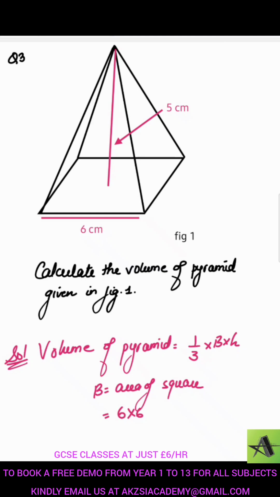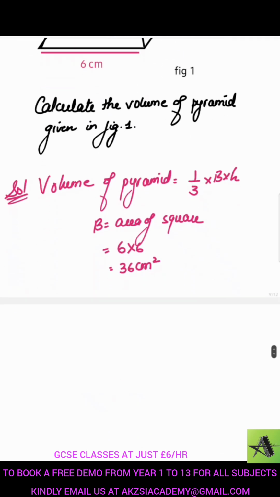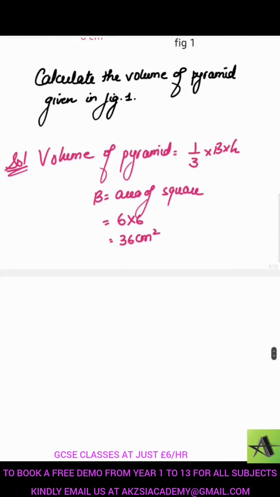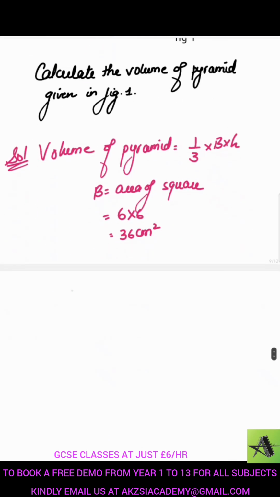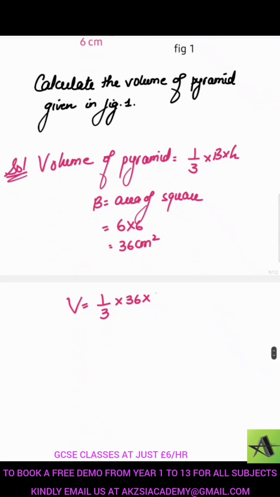We know length times width. 6 times 6, that is 36 centimeters squared would be the area. Height is already mentioned as 5. So volume is finally 1 over 3 times 36 times height, which is 5. This will give you 60 centimeters cubed as the volume of this pyramid.